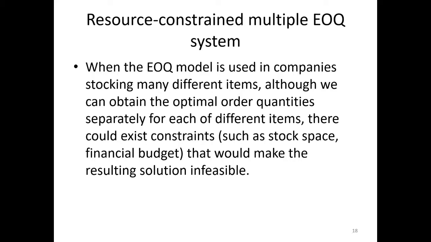So in this case, either due to stocking space limitations or financial limitations, we have to somehow modify the basic EOQ model that's being used for multiple stock keeping units in order to take such limitations into consideration.